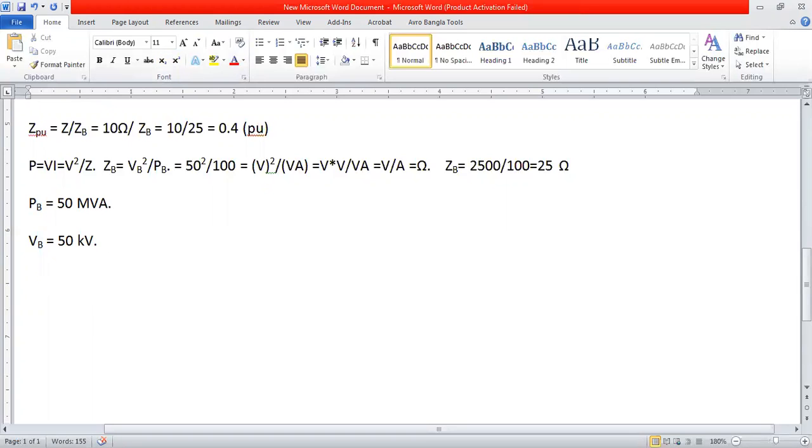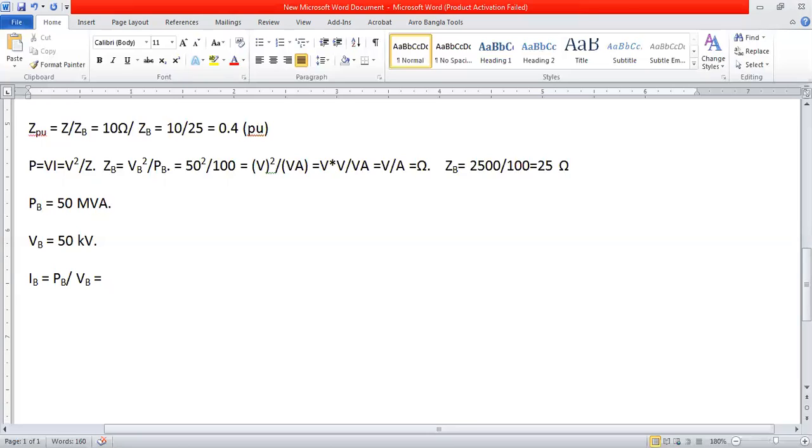The base value of current, that is IB, should be the base value of power divided by the base value of voltage. So this is the equation.